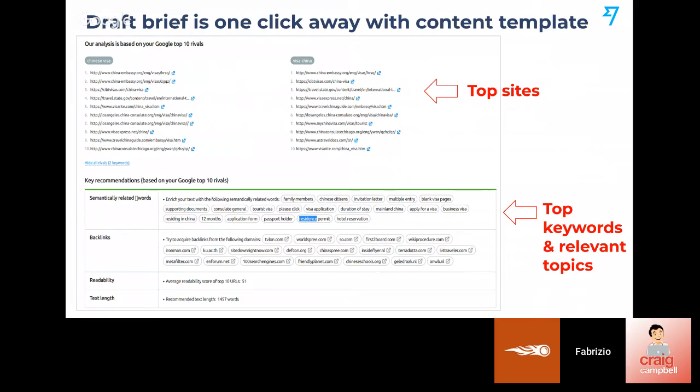It tells us semantically relevant keywords, which helps us start exploring what topics within the article we need to cover, right? Would an article about getting a visa in China not mention the documents that you need or stuff like that? This is the kind of must-have for that given content, and that's why these semantically relevant keywords help us to define that.